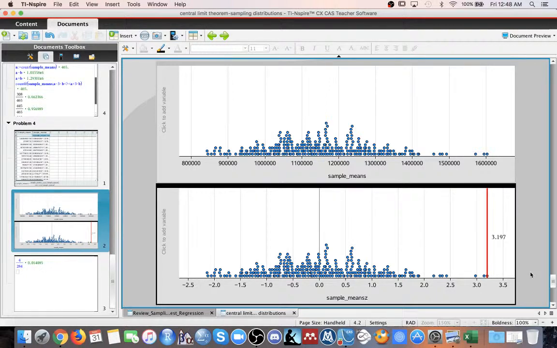What does this tell us? So remember, within 3 standard deviations is 99.7% of the data that's possible. So if we collect random samples over and over and over again, we know 99.7% of them are going to be within 3 standard deviations. Now that leaves 0.3% left, and only half of that is on the right side here, where this specific data point we're looking at is.